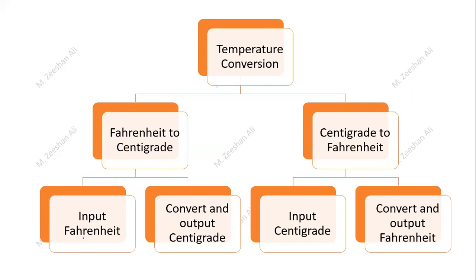One says input Fahrenheit, the second one says convert and output centigrade. In the same way, here we have input centigrade and it will be converted and output as Fahrenheit. These are the subsystems of the previous one, and those were the subsystems of the main computer system. So in this way, we can understand what is going on in this main computer system.